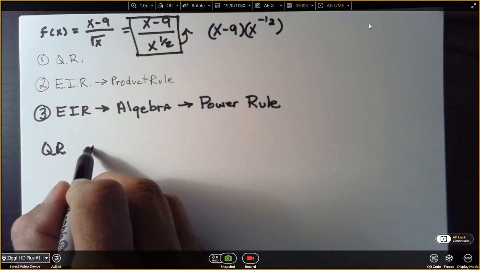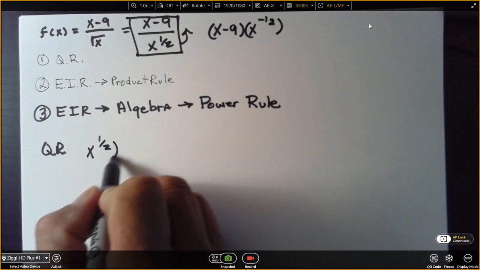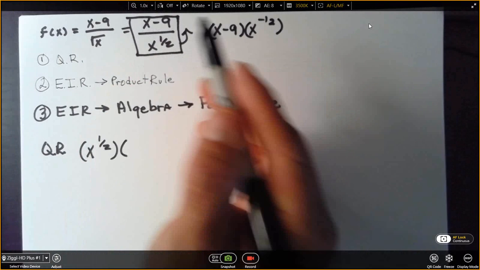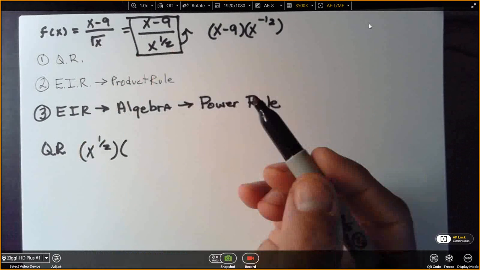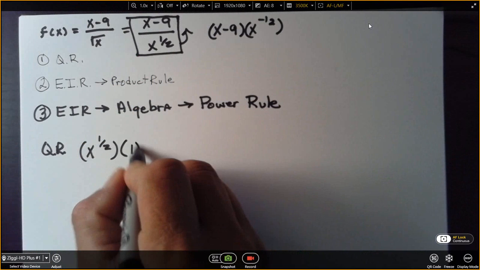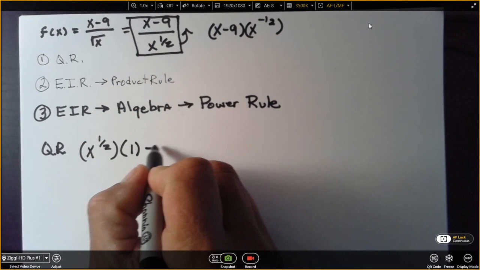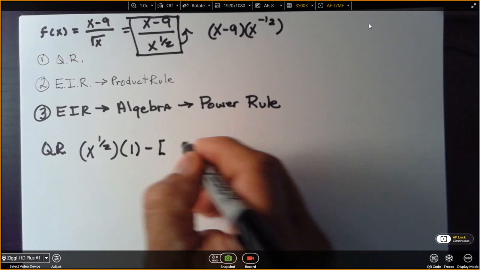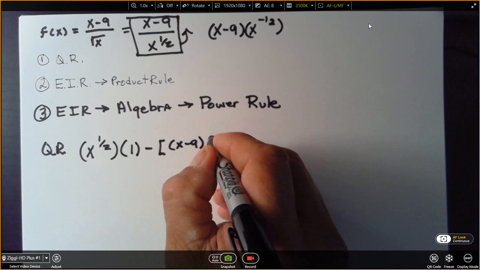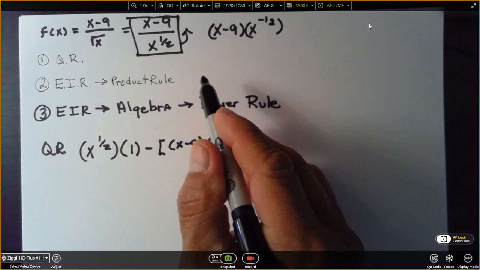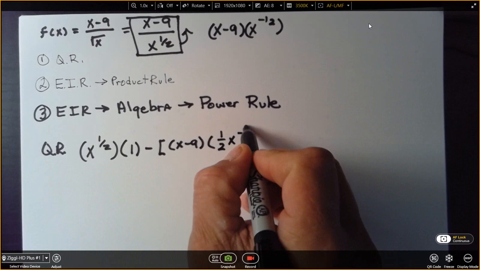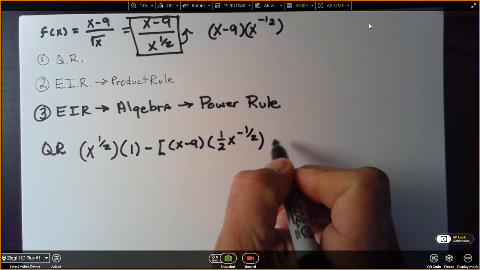Denominator times numerator prime. Well, the numerator is x minus 9, so the derivative of x minus 9 is 1, minus brackets x minus 9 times the derivative of x to the 1/2, which would be 1/2 x to the negative 1/2, using your basic power rule.